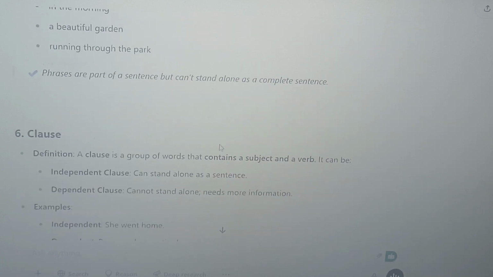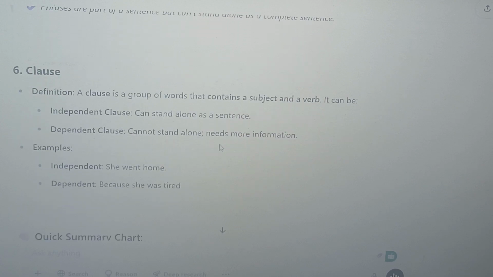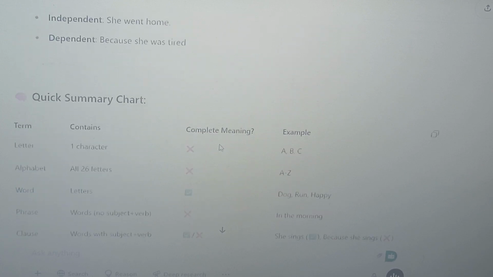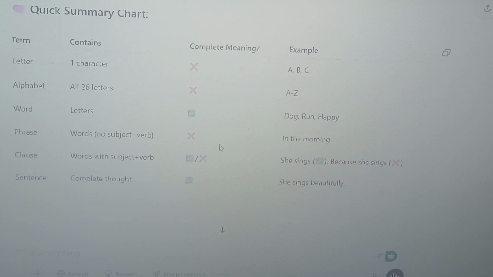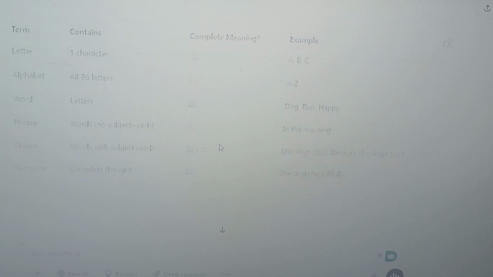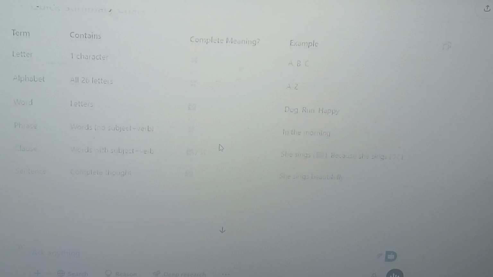But a clause contains a subject and a verb. Letter, one character; alphabet, all 26; word, combination of letters which has a meaning; phrase, words with no subject or verb; clause, words with subject and verb; sentence, complete thought.